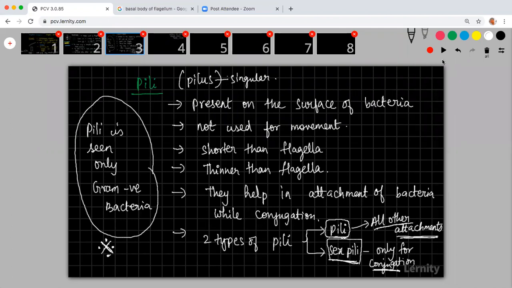Holding on to a stone requires attachment, and that will be done by pili. Attachment with a surface, not with other bacteria, but with a surface.